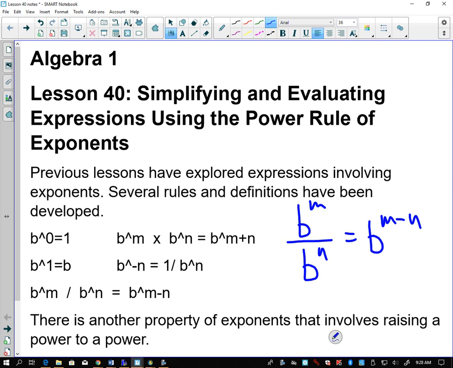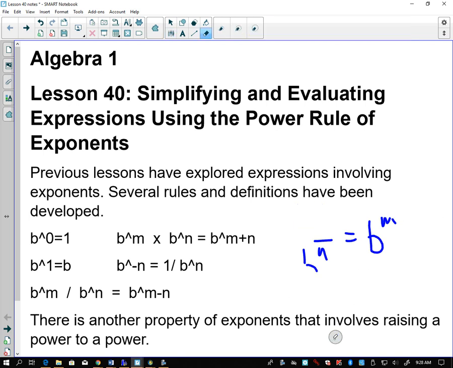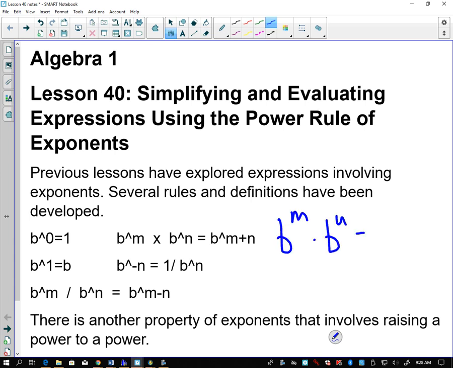If I multiply terms, changing gears, this is what we were working with from our last lesson: b to the m times b to the n. That's going to be b to the m plus n. We're just using m and n as placeholders for numbers. If m was 1 and n was 2, I'd get b to the 1 plus 2, or b to the second.